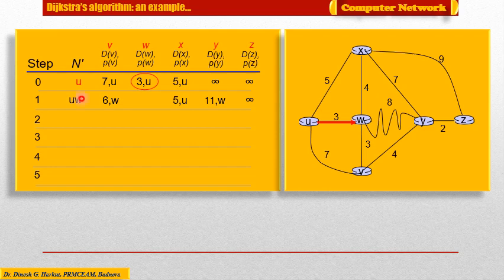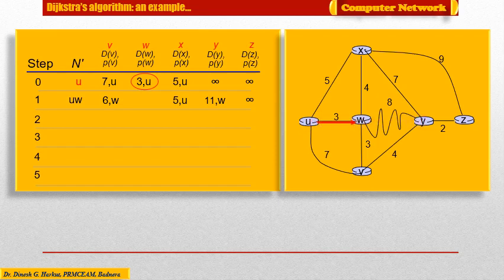As W is already added, no need to compute. For X, that is from W to X, the least cost is 5, and the preceding node for X on this least cost path is U, hence it is 5U. From W to Y, the value is 8 plus 3, that is 11, and the node W is the immediate preceding node to node Y on the least cost path.